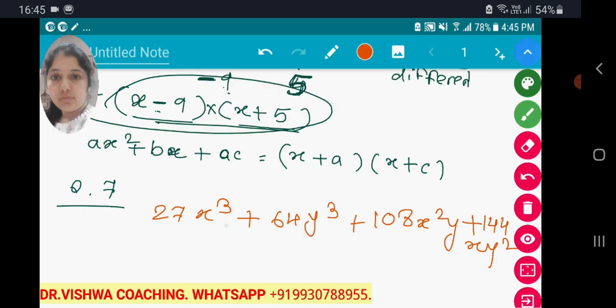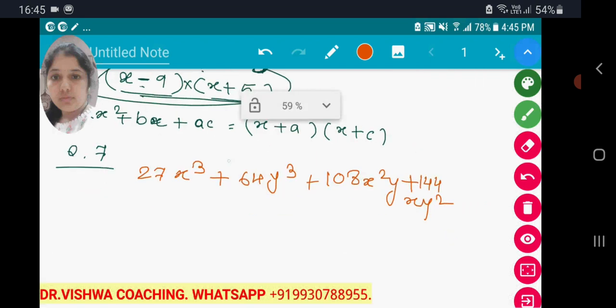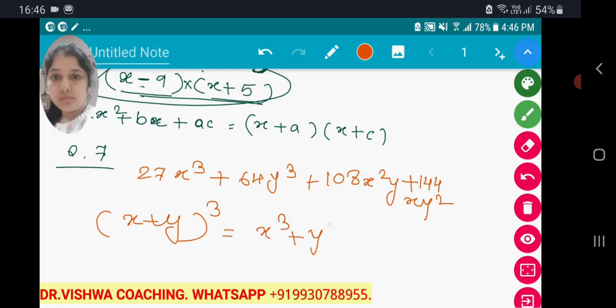Looking at this equation, I remember one formula, which is x plus y bracket cube is equal to x cube plus y cube plus 3x square y plus 3xy square. Now you look carefully. Instead of the coefficient of x as 1, here it is something different, whose cube is 27.